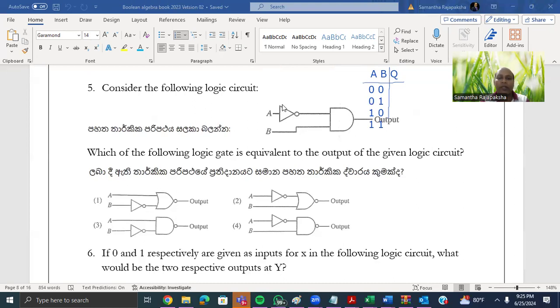When you input 0 and 0, this will be 0, this will be 0, but when this is 1, this is a multiplication. 1 into 0 is 0. If you put 0 and 1, then this will be 1, and 1 into 1 is 1. If you put 1 and 0, the answer will be 0. If you put 1 and 1, the answer will be 0. So this should be the output. Then you can draw the truth table for the first answer. The first answer here is this one.